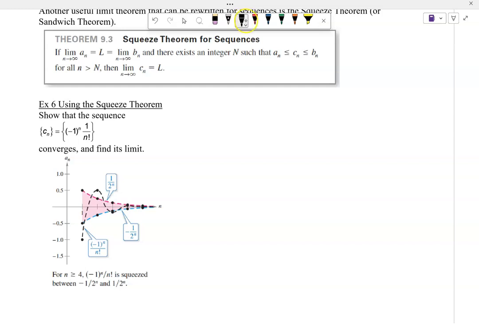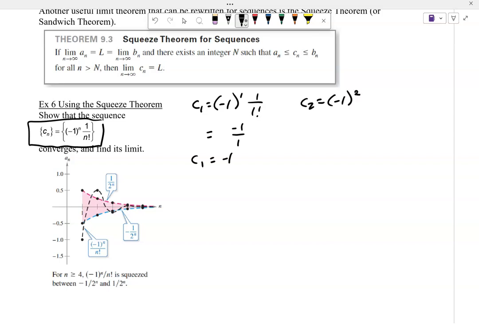Let's go ahead and write out some of these terms here. c sub n, here's the formula I'm using. So the first term would be negative 1 to the 1 over 1 factorial, so I got negative 1 over 1 factorial, so I got negative 1. There's my first term. My second term would be negative 1 squared times 1 over 2 factorial. Negative 1 squared is just a 1, 2 factorial is 2 times 1, so the second term is 1/2.